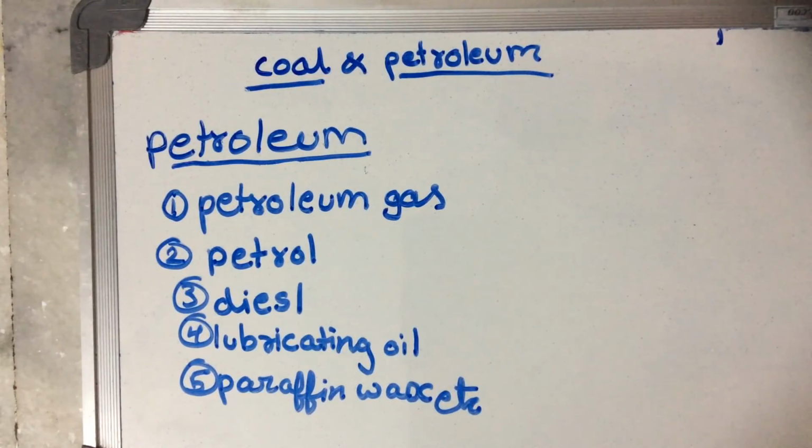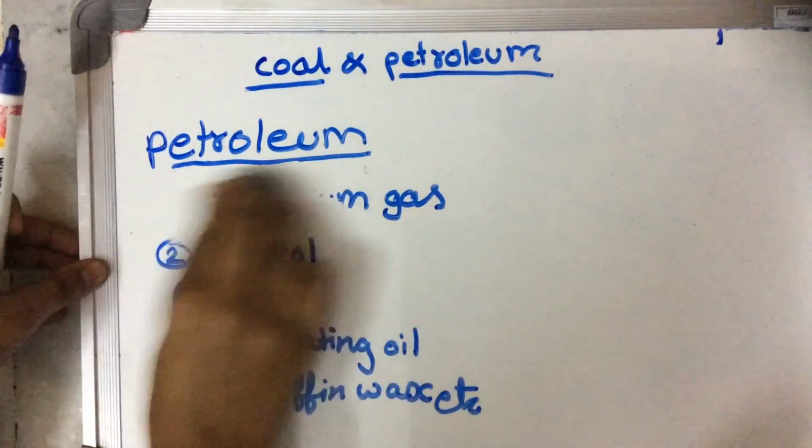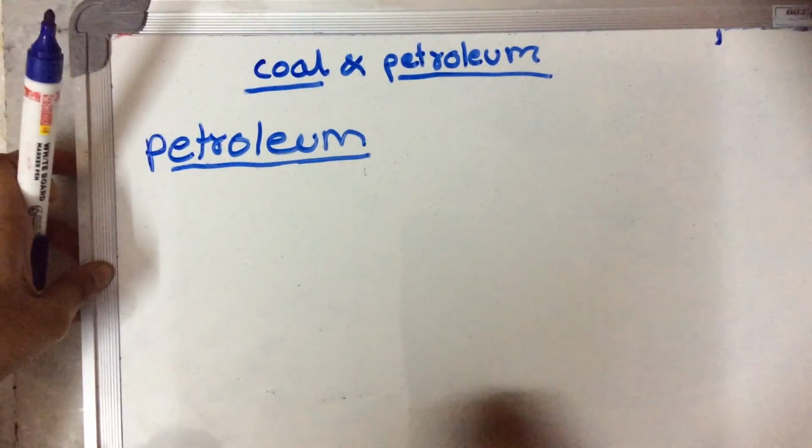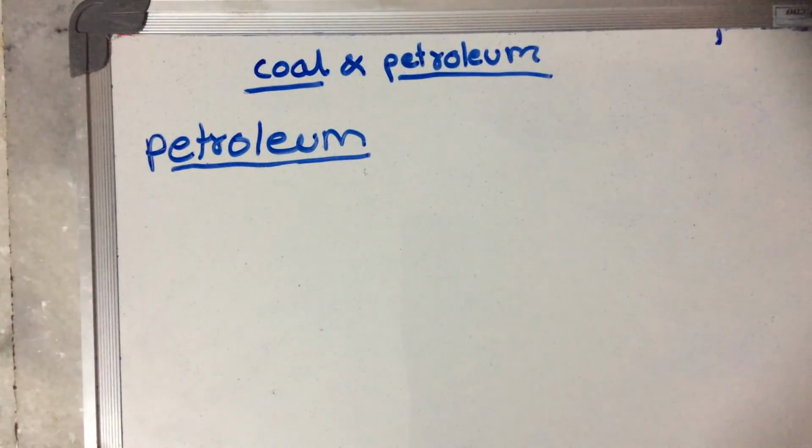These components are called fractions. Fractional distillation works by using the property of a liquid or solid or any substance and its boiling point.